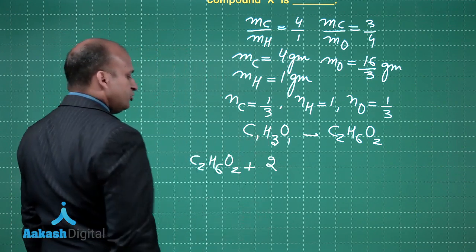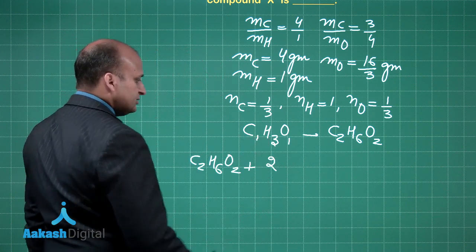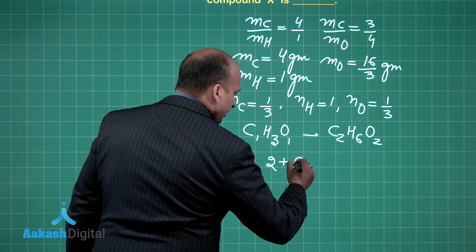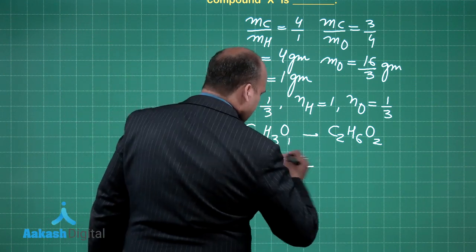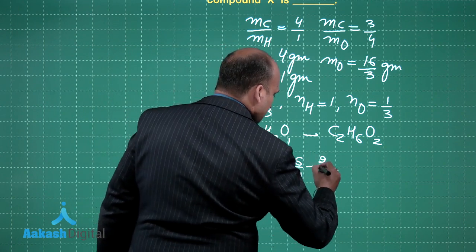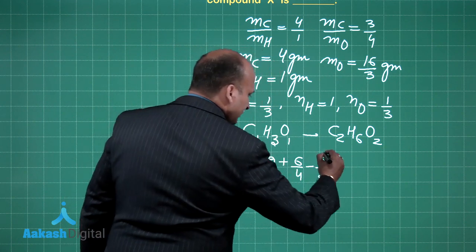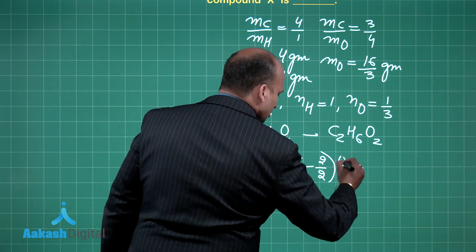Whatever is the number of moles of carbon, write it as it is. The moles of hydrogen, divide this by 4, right? And the moles of oxygen, you have to subtract and divide by 2. This is O2 gas.